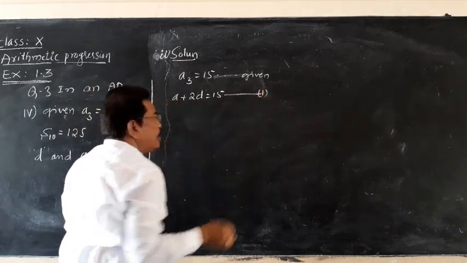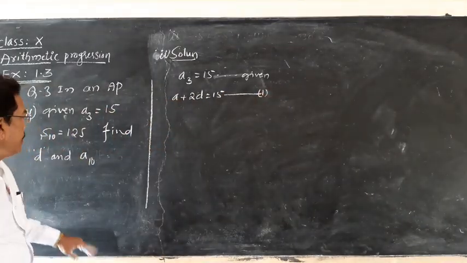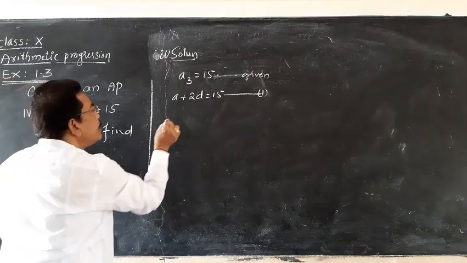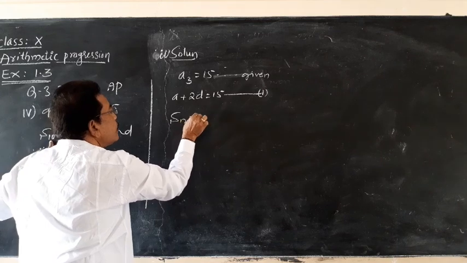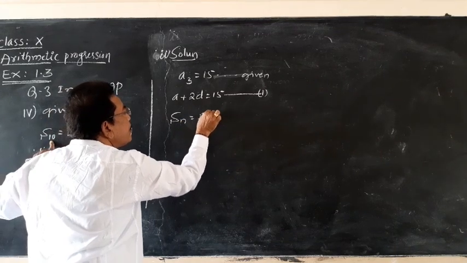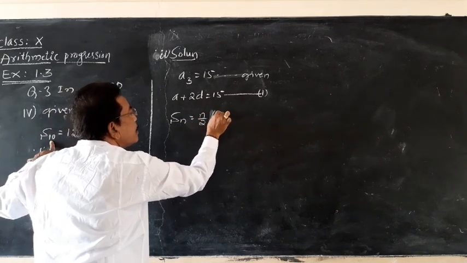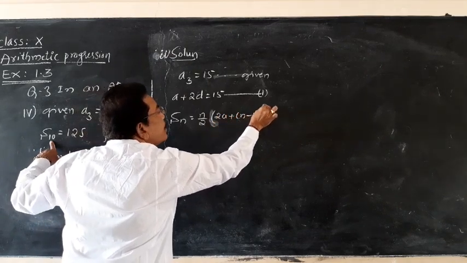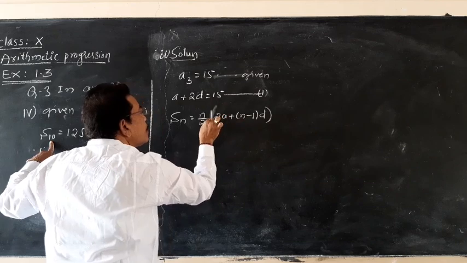See this as equation 1. Then S10 equals n by 2 in the bracket 2a plus n minus 1 into d.